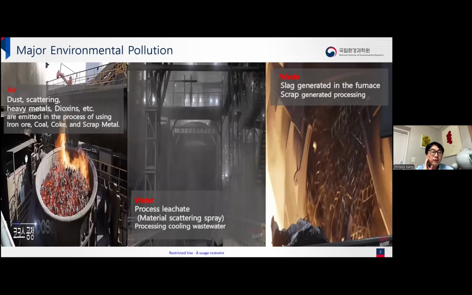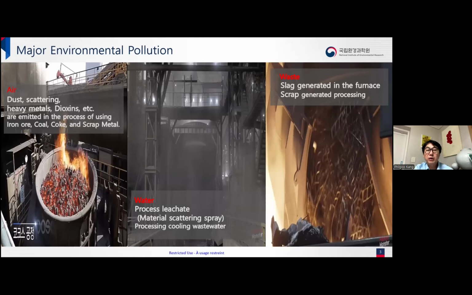Before showing this slide, I also addressed in my previous presentation the main differences between the first and second versions. The major environmental problems in iron and steel are as follows: dust scattering, heavy metals, and dioxins are released into the atmosphere in the process of using iron ore, coal, coke, and scrap metals.